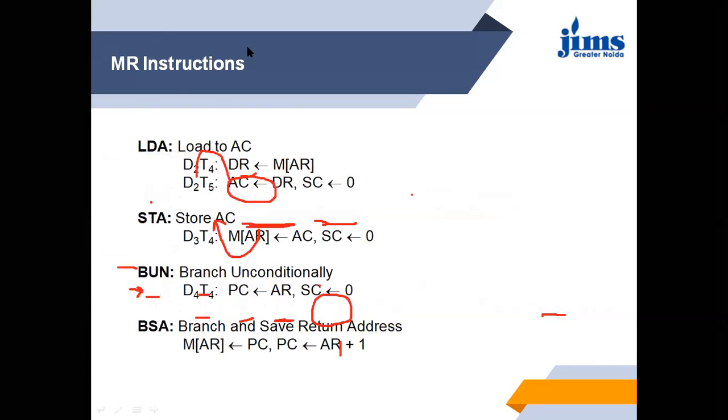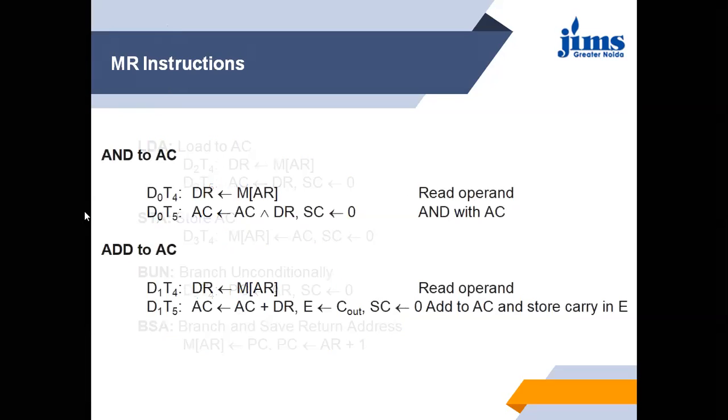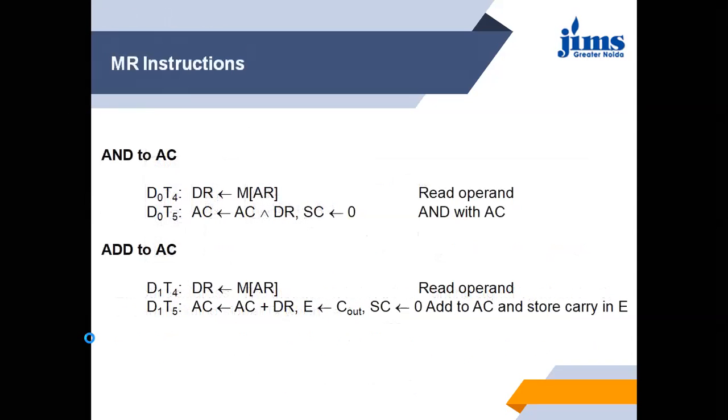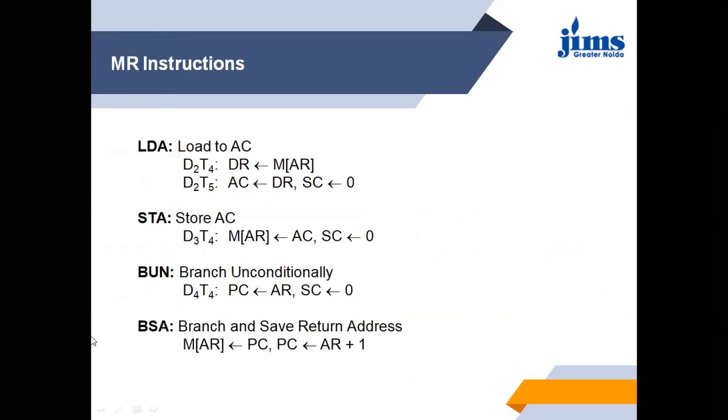Same, this is also in the case of LDA, that is load, store, and branch. When we come to the last-but-one slide, you will see here we discuss AND, add, load, store. Now this is the complete explanation of those operations.